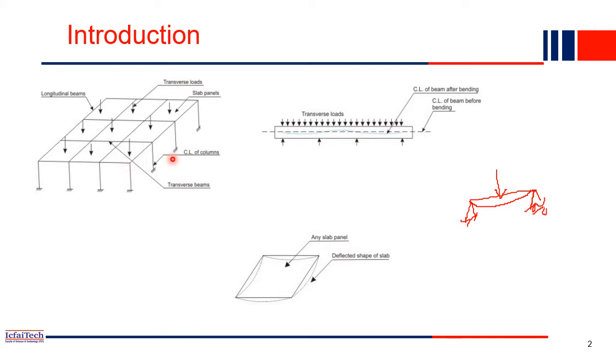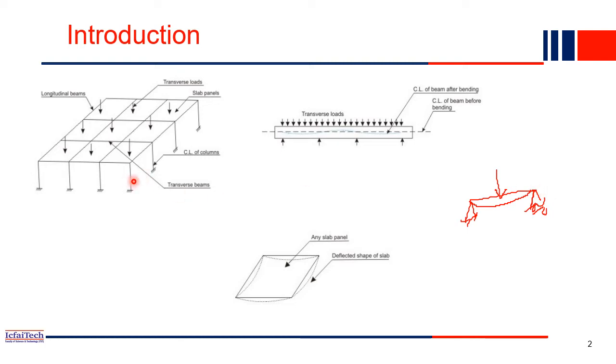Basically in a beam, if the loads are acting in the transverse direction, so this is a member and loads are acting in a transverse direction, right? That is, the loads are acting perpendicular to the axis, and this we call a beam. And if loads are acting as an axial force, then we call it a column.